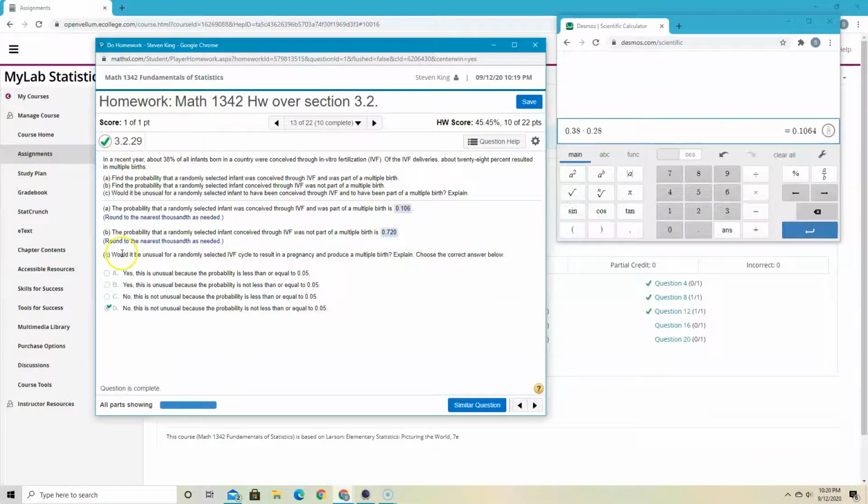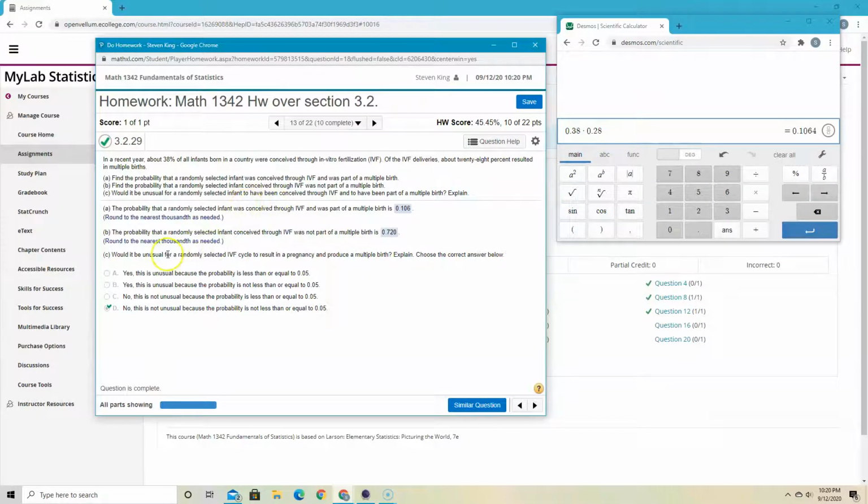Would it be unusual for a randomly selected IVF cycle to result in a pregnancy and produce a multiple birth?